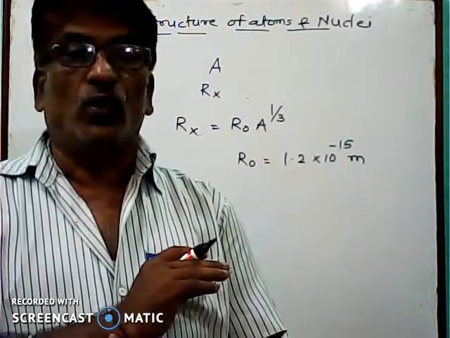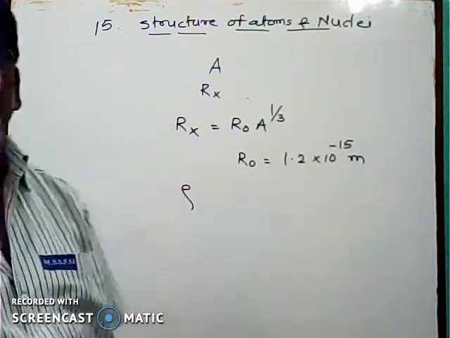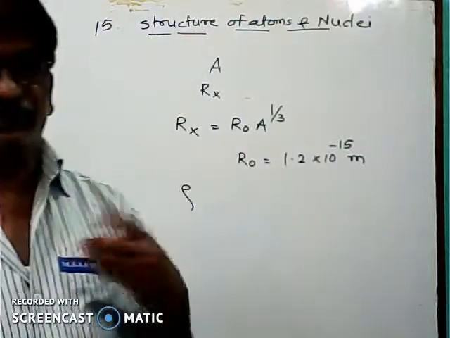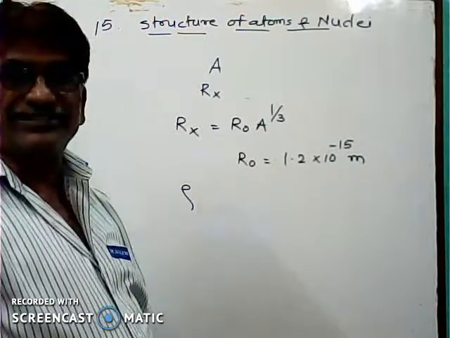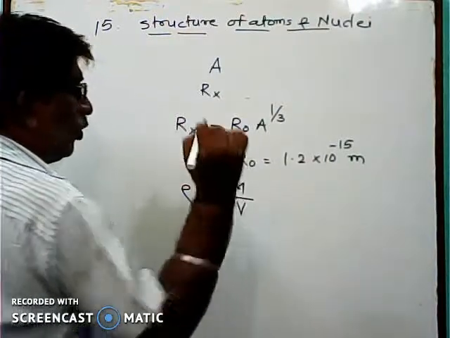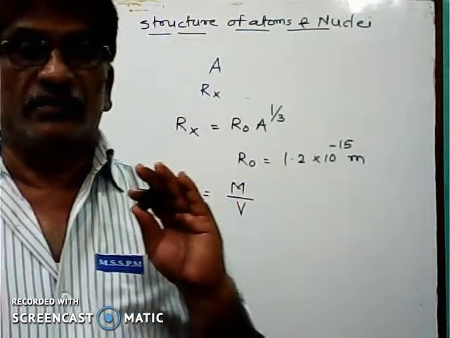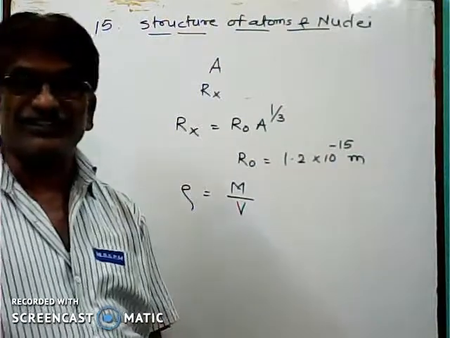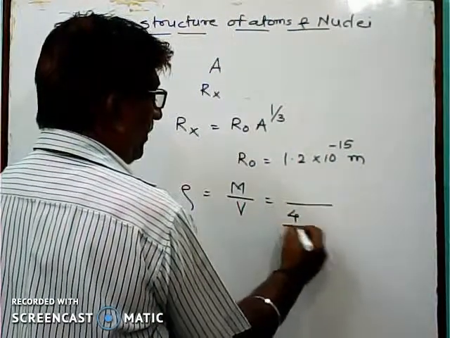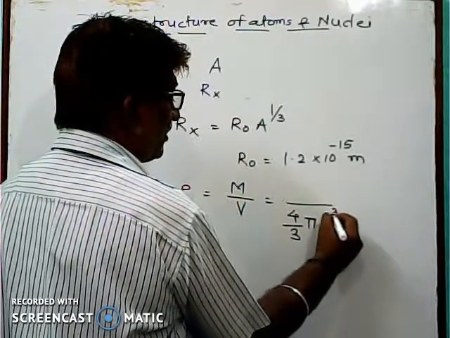But we know that if rho is the density inside the nucleus, the formula for density is mass upon volume. The nucleus is spherical in shape, so its volume will be 4 upon 3 pi Rx cube.